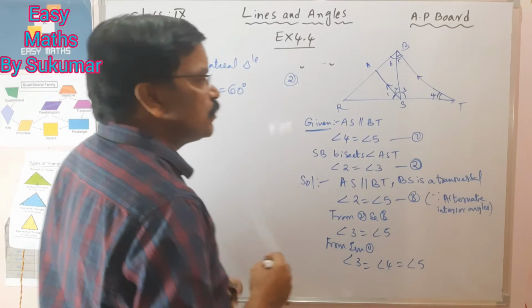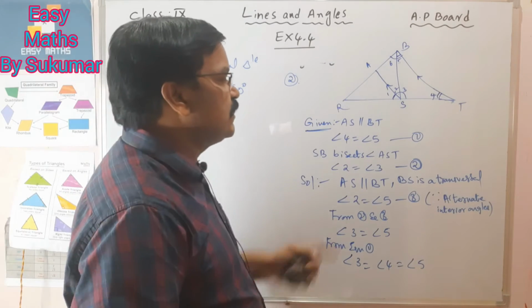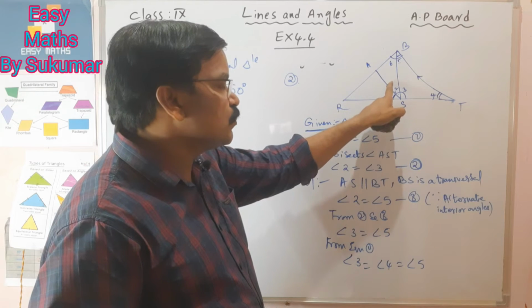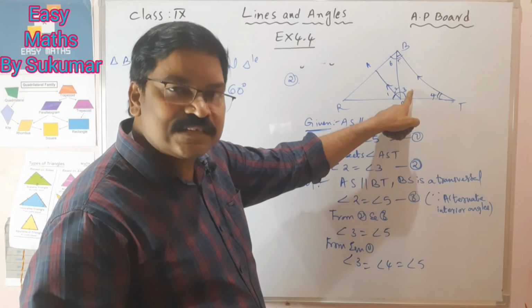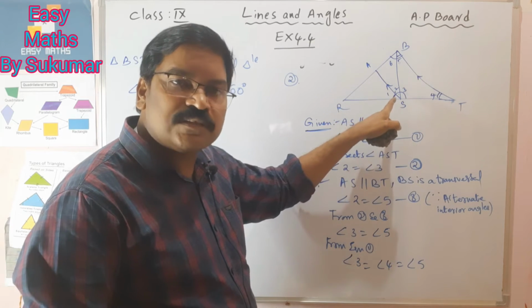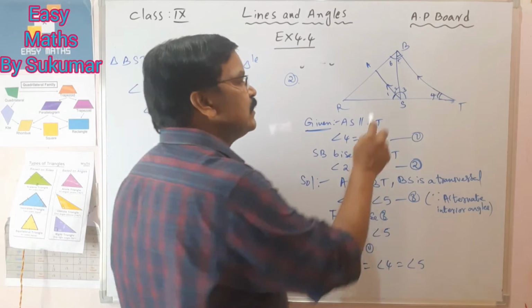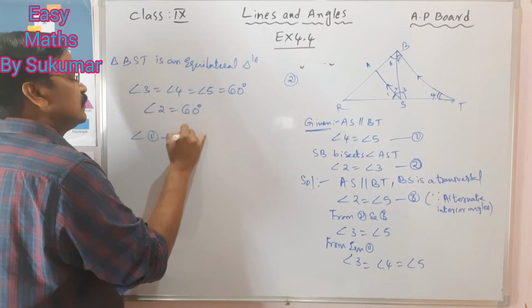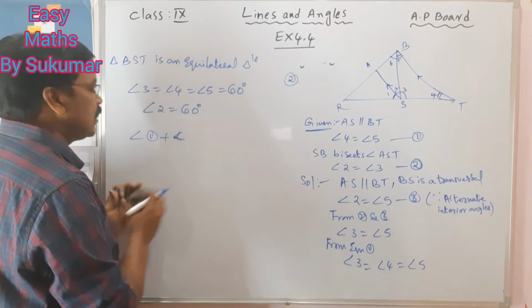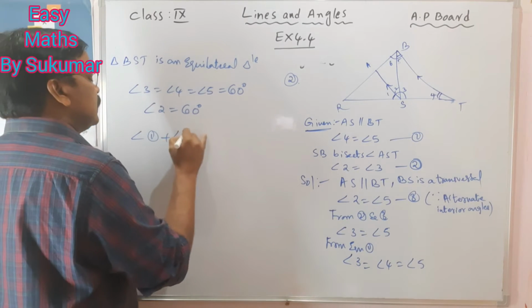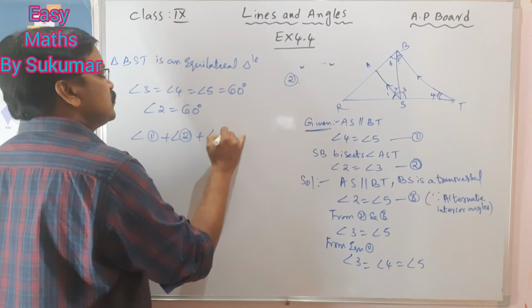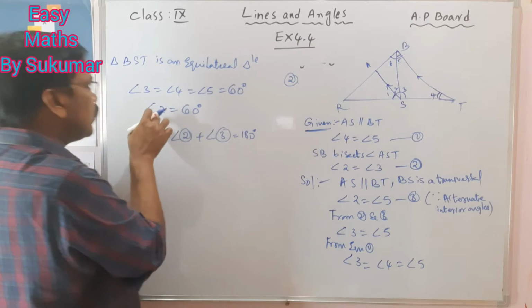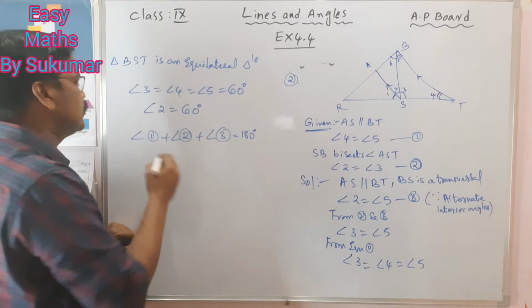Okay. Now my dear students, what we have to find here actually is angle 1. See here, this angle 2 is 60, angle 3 is 60. What about this angle 1? This is also 60. Why? The sum of these angles, angle 1 plus angle 2 plus angle 3, is equal to 180 degrees. But angle 2 and angle 3 both are equal to 60 degrees.